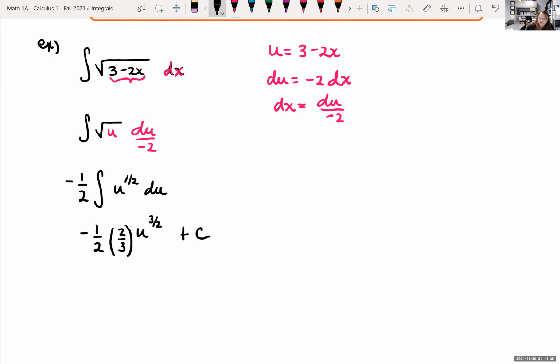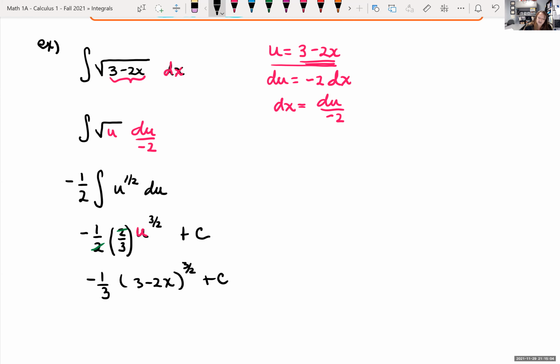We can simplify this a little bit, and wherever we see a u, we want to replace it with what we chose u to be in terms of x, 3 minus 2x. Notice those 2's cancel. We're left with negative 1/3 times u, here 3 minus 2x, all raised to the 3/2 power plus c.